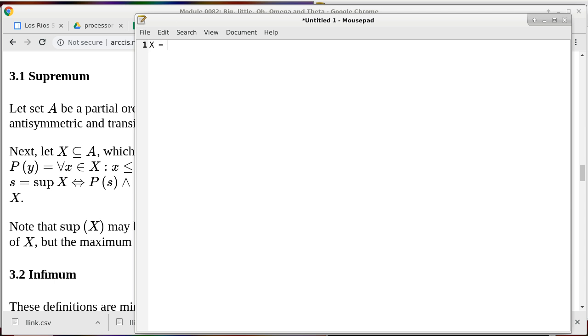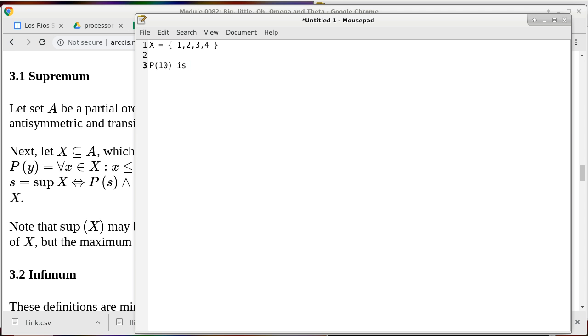So I'm going to define X as, let's say, 1, 2, 3, and 4. So in this case, P as a predicate on a particular value, let's say 10, is what? What is P of 10? P is still defined the same way as before. P of something means that thing is an upper bound of the set that we have specifically defined here.